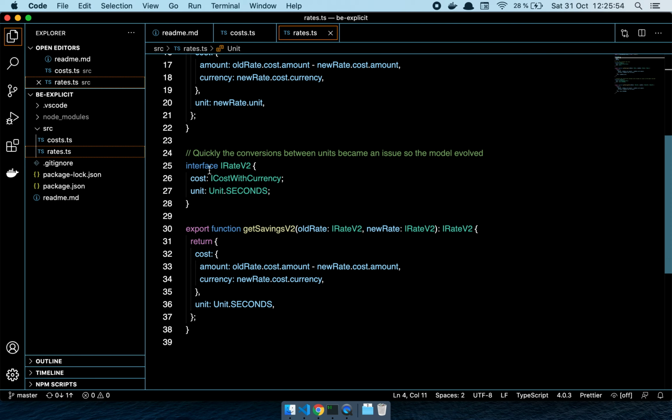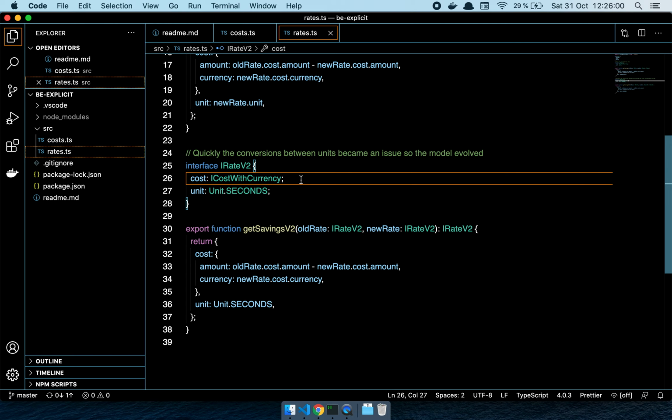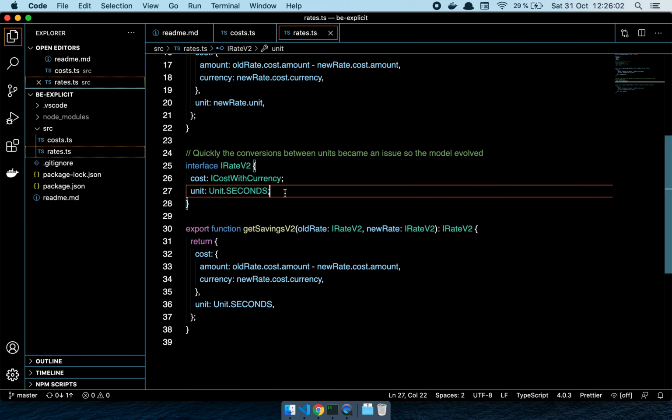But when we are working with it internally, we should use a model such as this, where we basically state that there is a cost to the rate and there is a single unit, and that is seconds. That is the only unit that we're working with. We're storing everything in seconds, because that is the most precise number that makes sense for this specific instance.